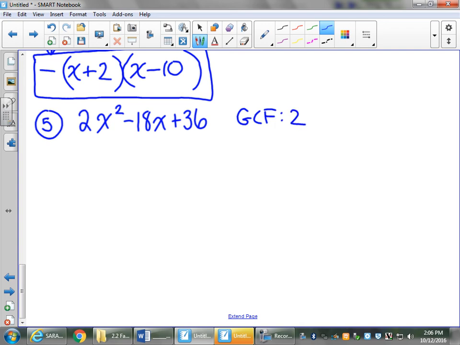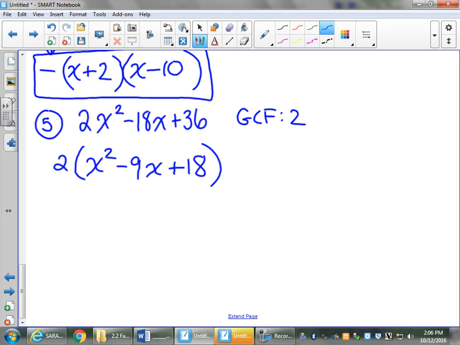A GCF should always be one of the first things you look for. So if we factor out a GCF of 2 from all of our terms, that will leave us with x squared minus 9x plus 18.